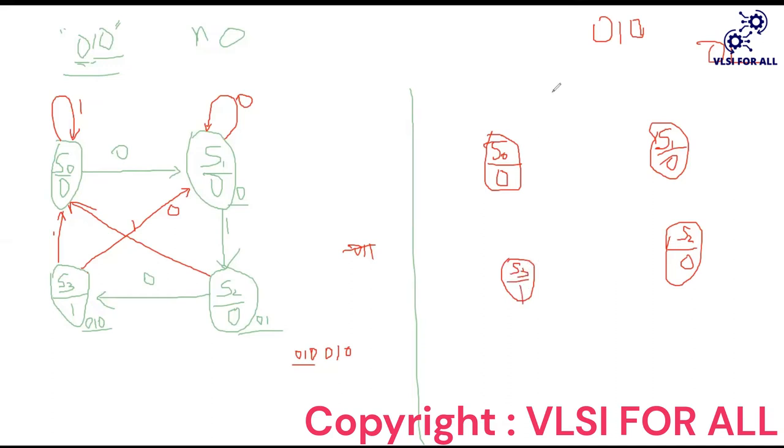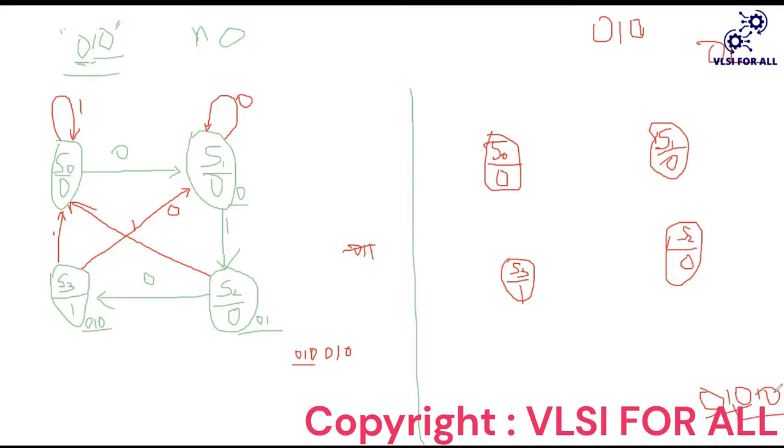So now this is for the overlapping sequence. The sequence can be like this: 0, 1, 0, and then again 1, 0. So this is one set of the sequence and this is another set of 0, 1, 0.